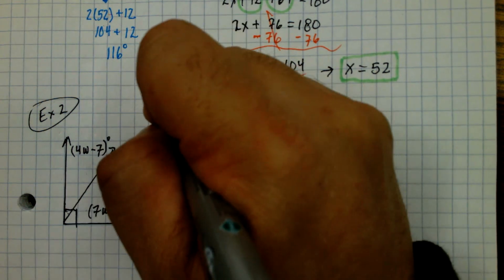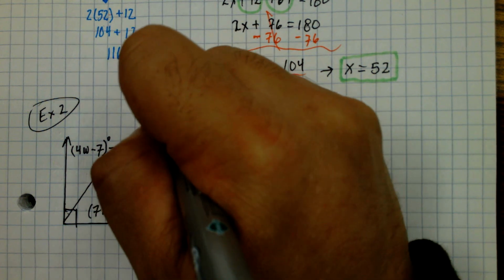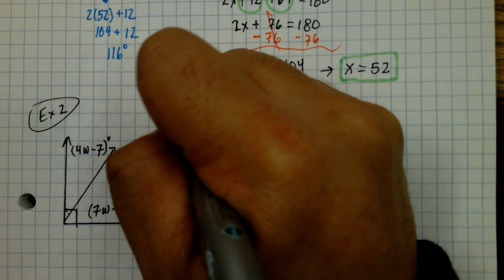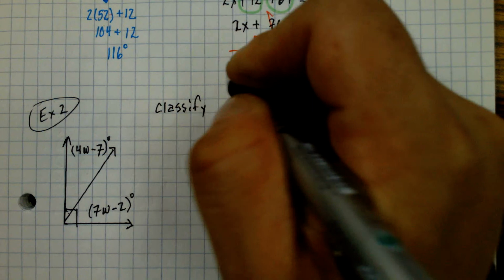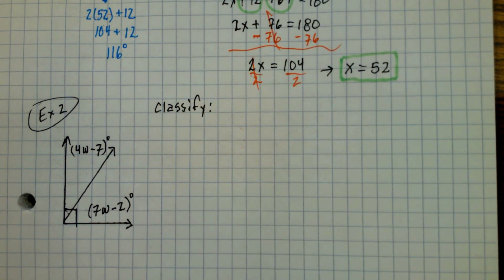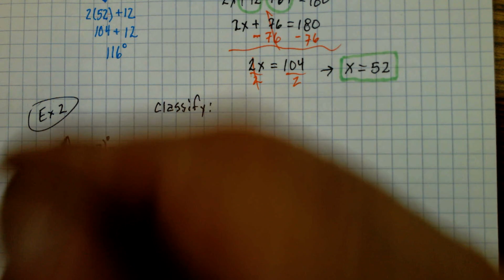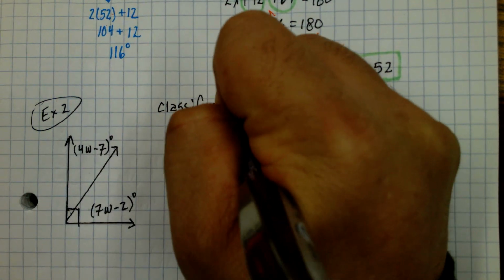And we're going to classify this. So from the different angle setups that we learned yesterday, we have supplementary, we did that. We also have complementary and vertical. What does this fall under? Yeah, it's complementary. These obviously have to add up to 90 degrees. So this is complementary.